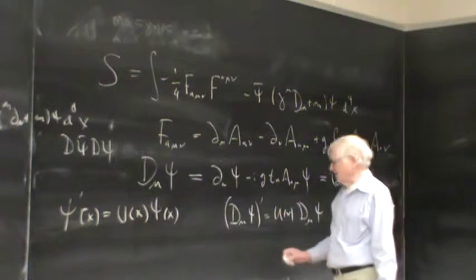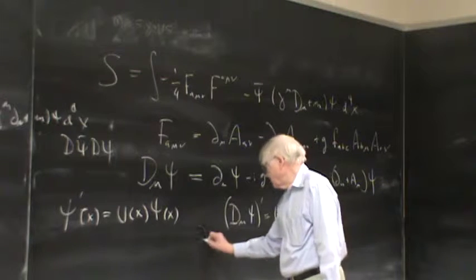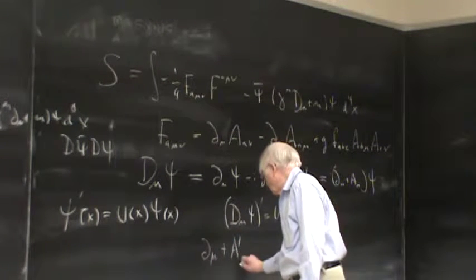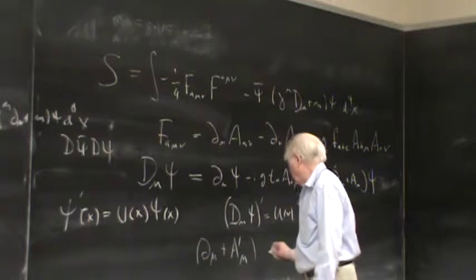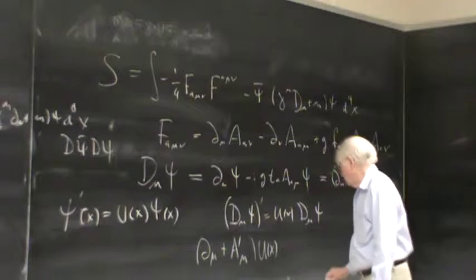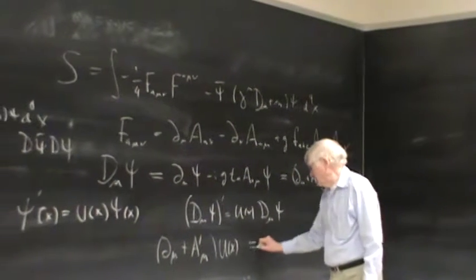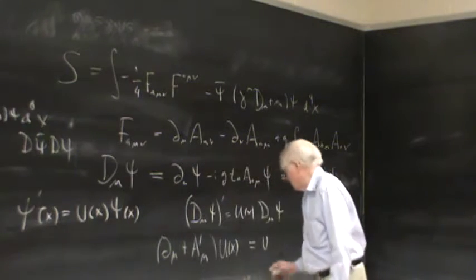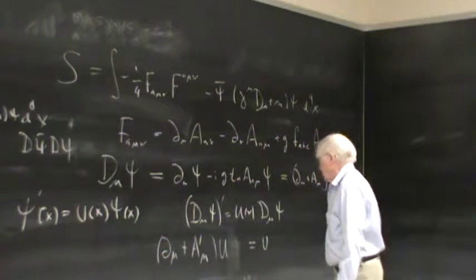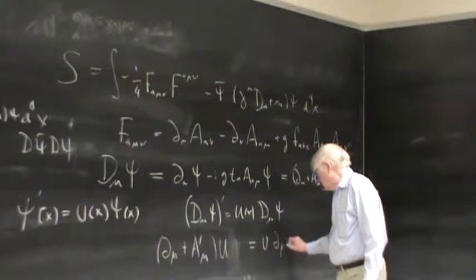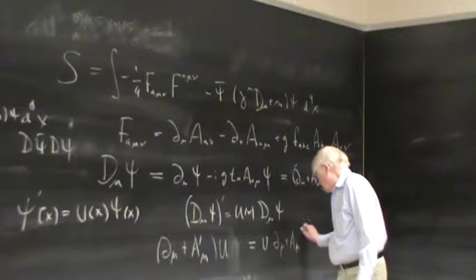And so that means that we want (∂_μ plus A prime_μ) on U psi, and I'm going to leave out the psi, and the x also, to be U (∂_μ plus A_μ).